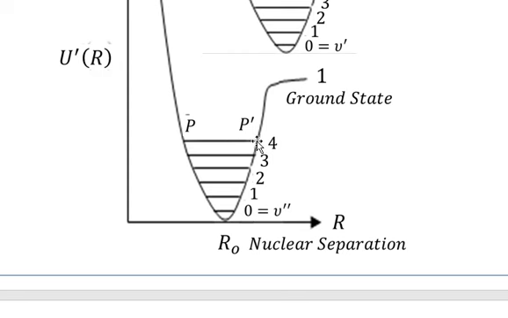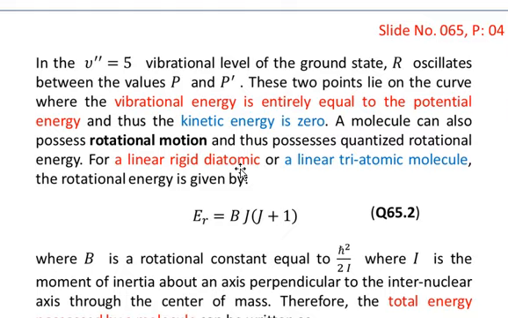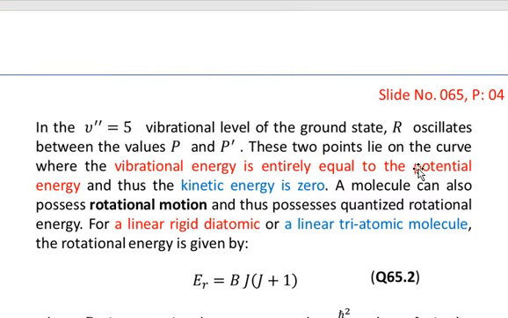That is, sometimes the separation between the atoms will decrease to the point P, and sometimes it will increase to the point P prime. So the internuclear separation between the two atoms in the molecule will oscillate about the value R naught, up to the point P and then to the point P prime, and the oscillations will keep on going. These two points lie on the curve where the vibrational energy is entirely equal to the potential energy, and thus the kinetic energy is 0.